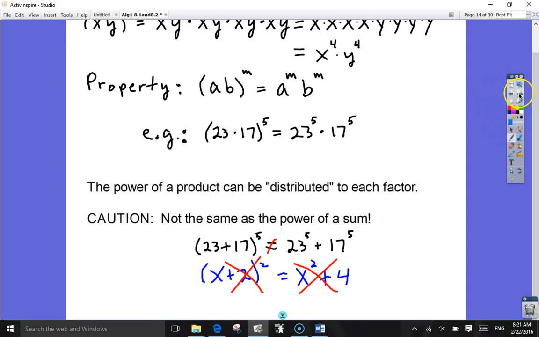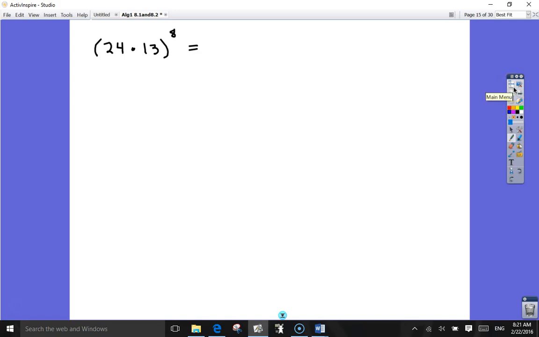Okay, so let me get to the next. How would we simplify that one using this property? You can distribute it to both: 24 to the 8th times 13 to the 8th. At this point, we're not interested in doing more than that. Obviously, you could put 24 to the 8th in the calculator and see what the number is, but we're just trying to show how this property works.